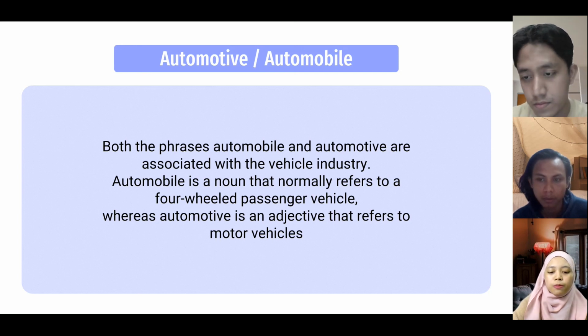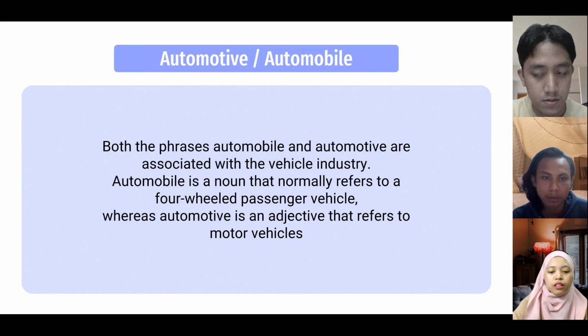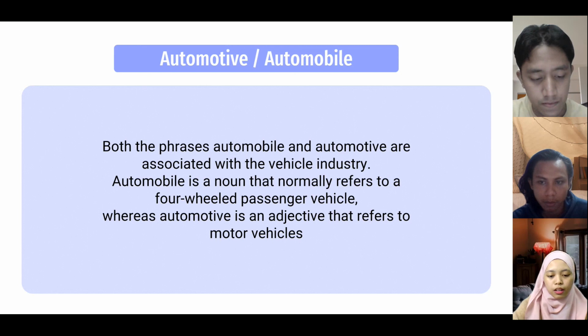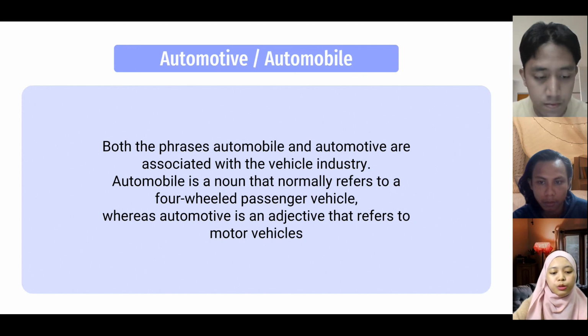An automobile is a four-wheel motor vehicle built for passenger transportation, and the name automobile is derived from the French word automobile. Automotive refers to vehicles, and it can be used for a variety of attributes of the automobile.